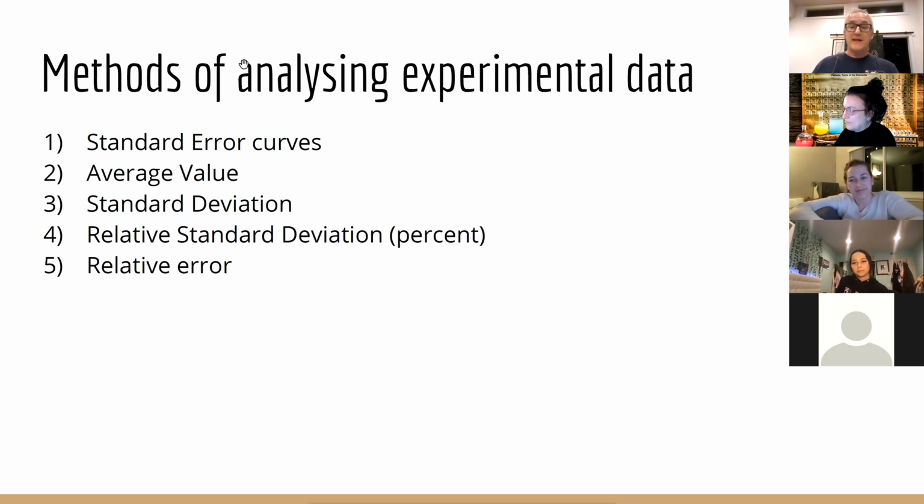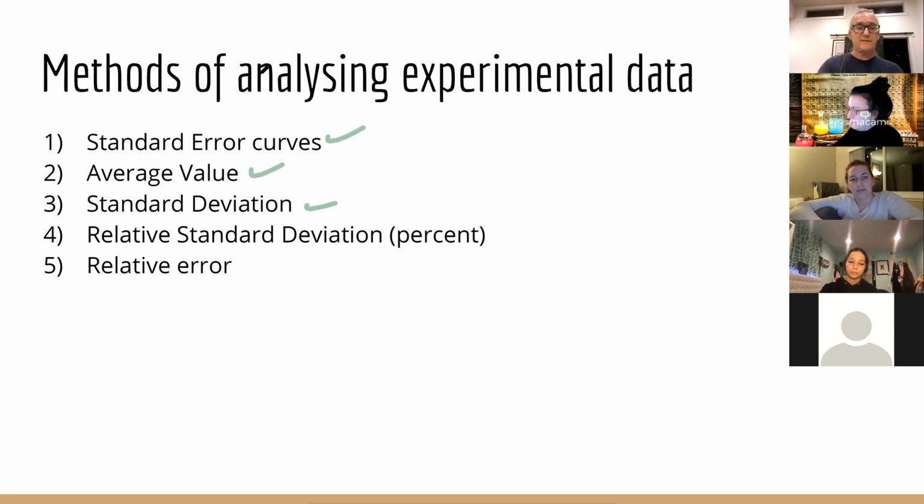So these are some of the things that you're going to need to become familiar with. Standard errors, average value, standard deviation. Everyone's probably heard of standard deviation, but you may not know how to calculate it. If you have a scientific calculator, it will do the calculation for you, which is obviously the best way to do it, but I want to show you exactly what that means.